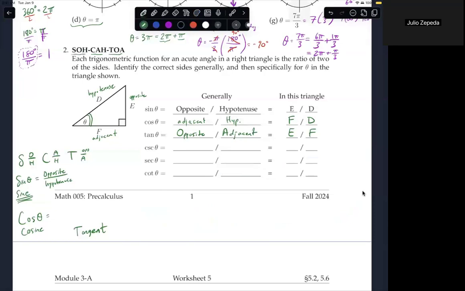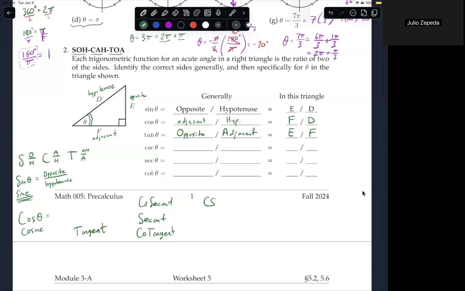All right, and then we are done with SOHCAHTOA. That gives us the ratios for the first three trig functions. Now we are on the cosecant, secant, and cotangent trig functions.